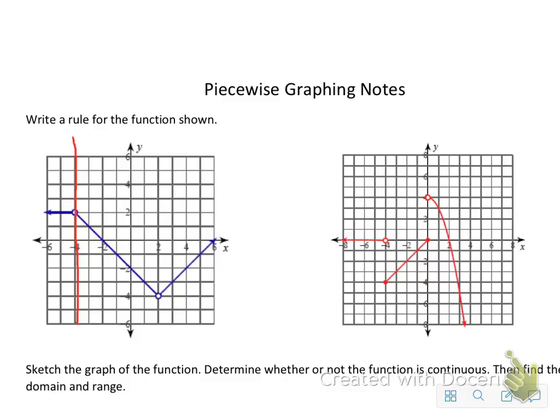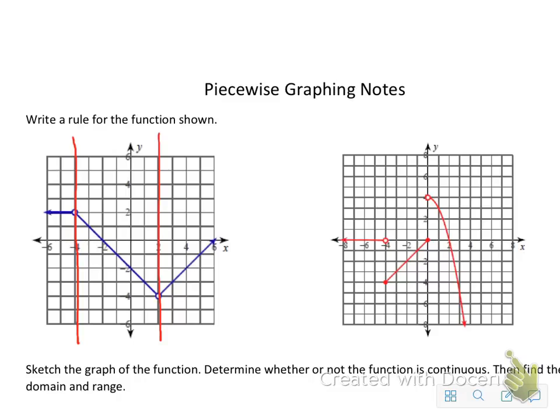Now, as you continue to go to the right, it's still that decreasing linear function until you get to x equals 2. Once you get to 2, it goes up again. And I could find an equation that represents that so that I don't have so many pieces, but because we're dealing with pieces, we might as well. So I'm going to break it right there. Alright, so I've got 3 different pieces going on.